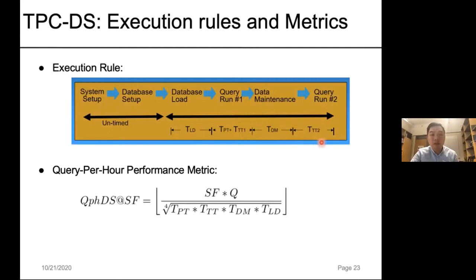And the final phase is about query run 2, which measures throughput phase 2. So finally, the main metric is the query-per-hour performance metric.